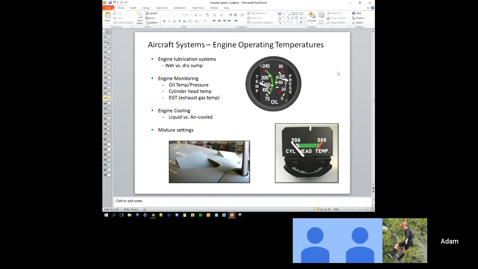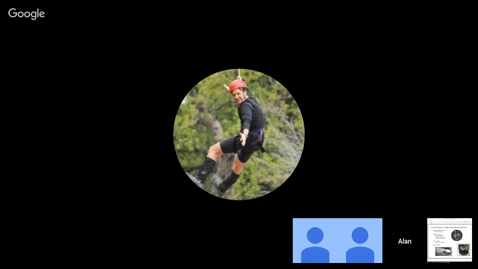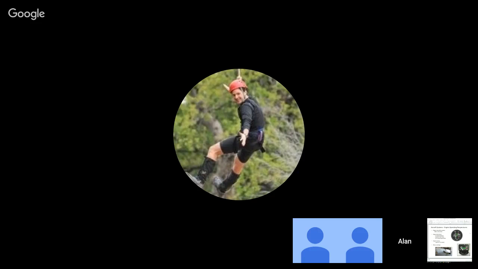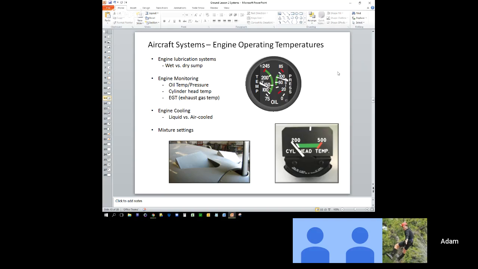So lubrication, oil lubrication, air cooling via air going through the cowling, and mixture settings, the amount of fuel that you're introducing to the engine. Those are 3 significant contributors to engine operating temperature.